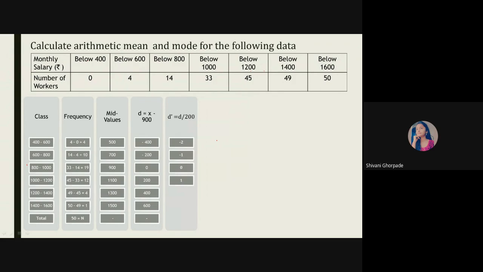Then 200 divided by 200 is 1. 400 divided by 200 is 2. And the last one is... Just cross check whether it is correct or not.